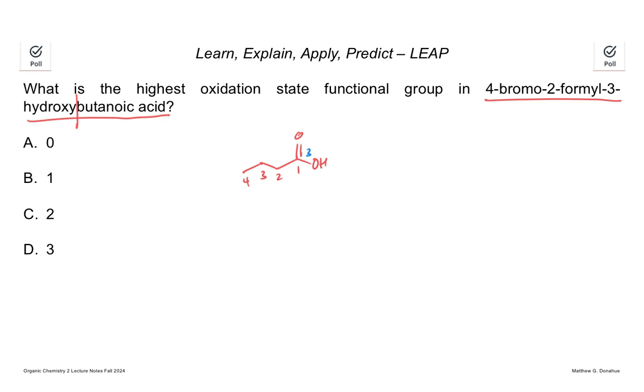Carbon 4 has a bromine. That means that oxidation state is 1. Carbon 2 has the formyl group. So that carbon's oxidation state was 2. And then carbon 3 has an alcohol.